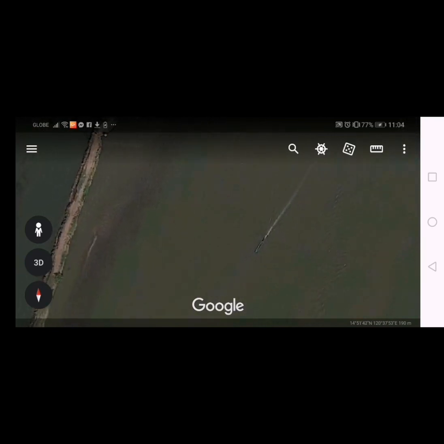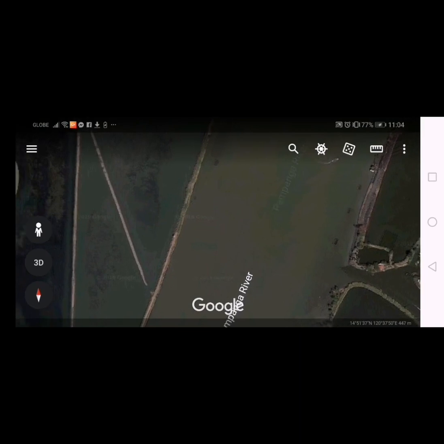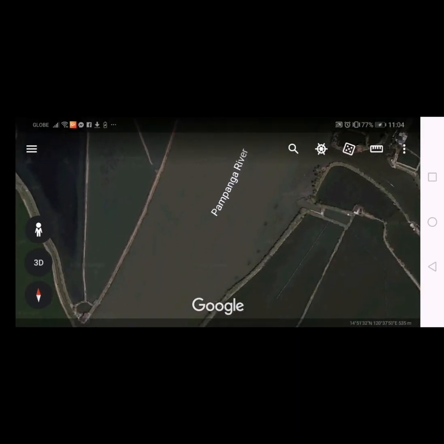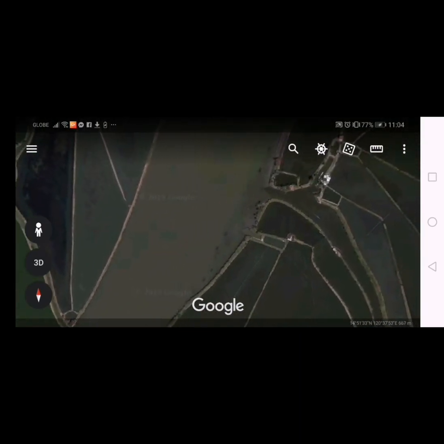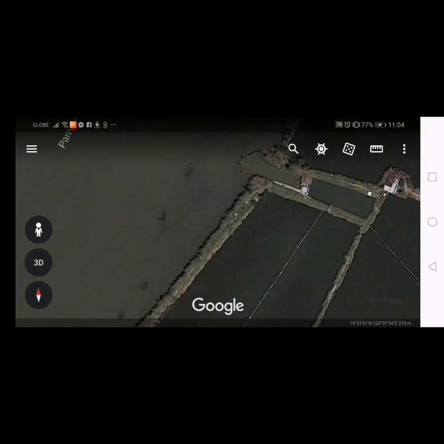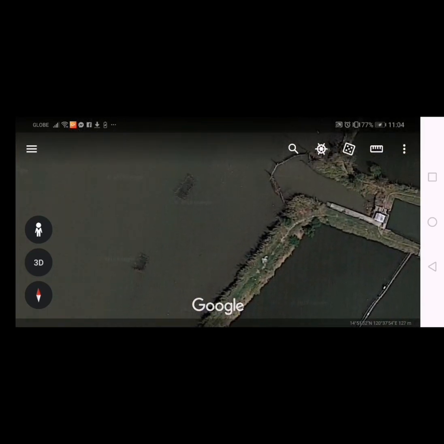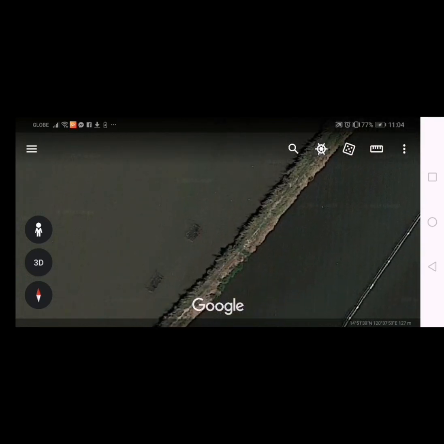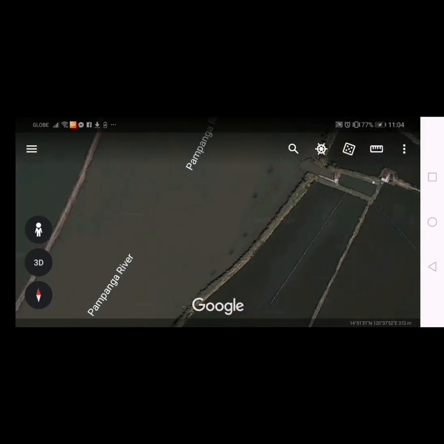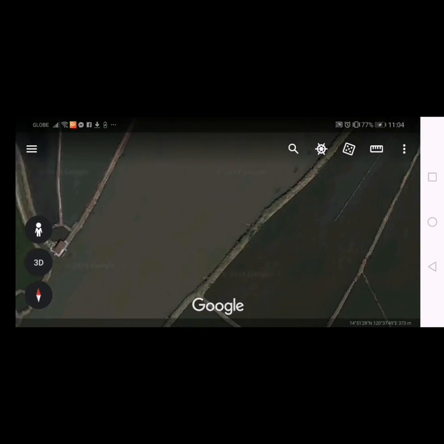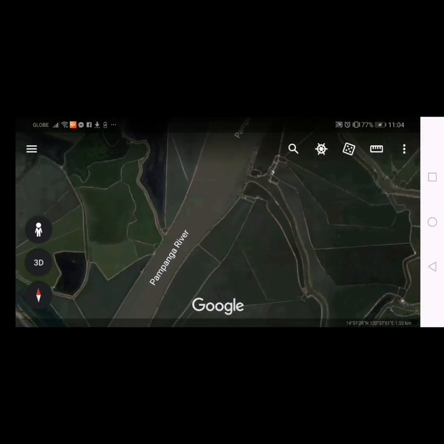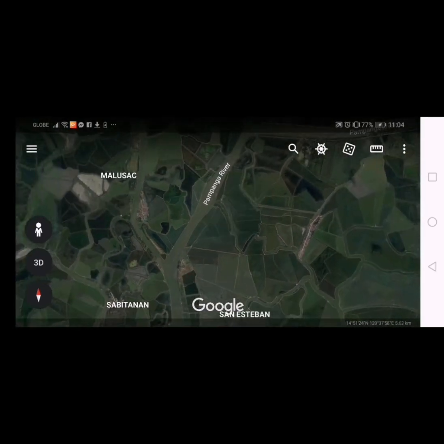Okay, because these structures are actually underneath, or they're underwater. So okay, we're lucky because even though they're underwater, Google Earth still captured the structures.